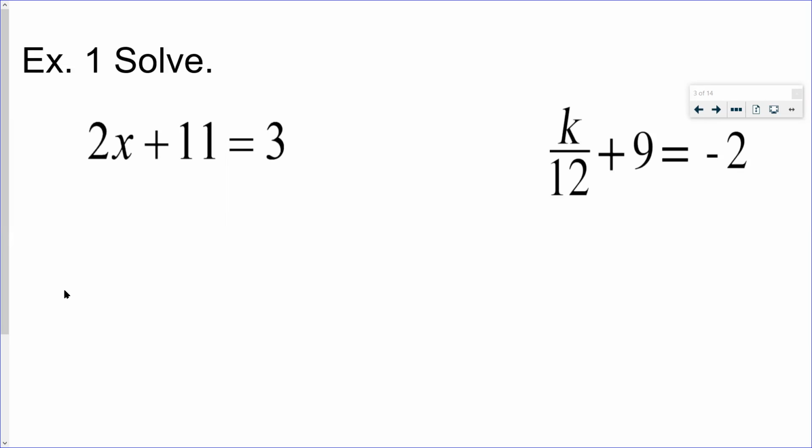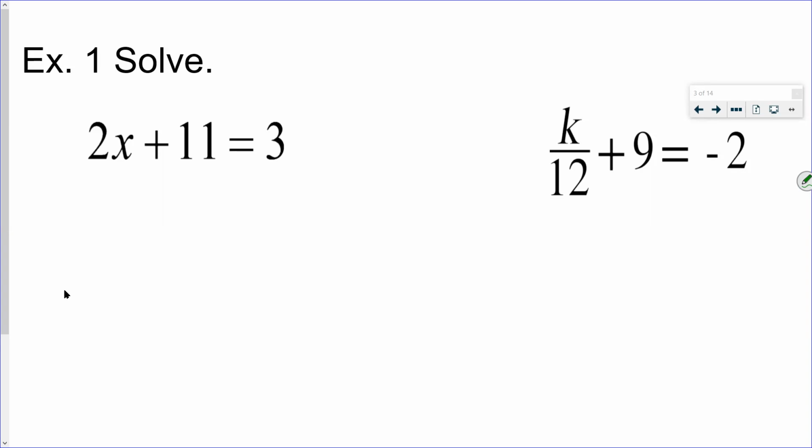So let's use what we just talked about to try to solve these problems. The first problem we have is 2x plus 11 equals 3. We're used to seeing x plus 11 equals 3 or 2x equals 3. Well, now we're going to build on it. If we follow our steps, we want to get rid of the addition and subtraction first.